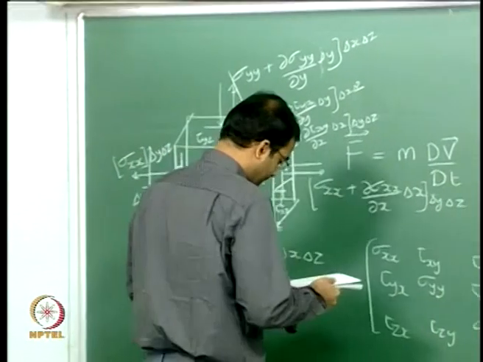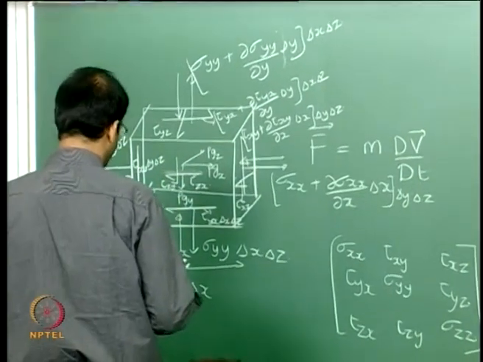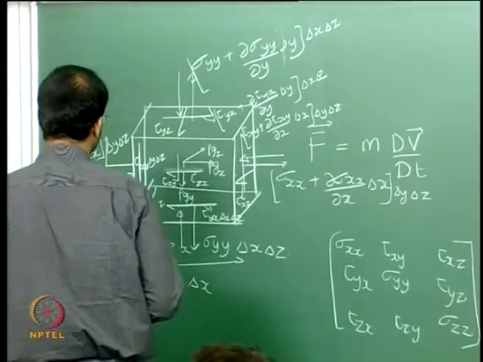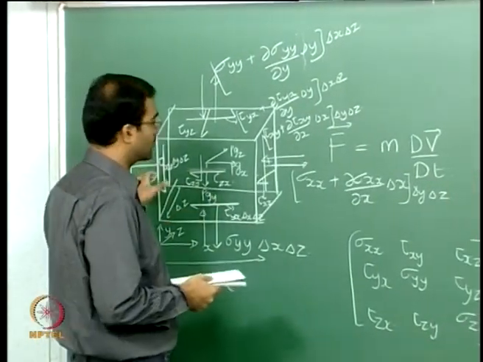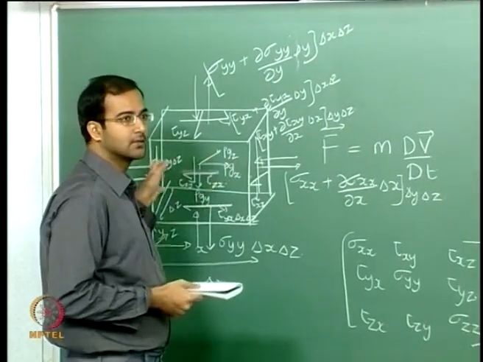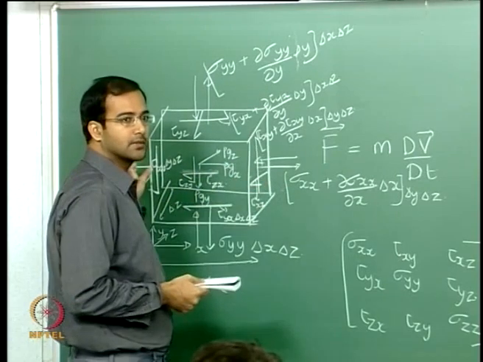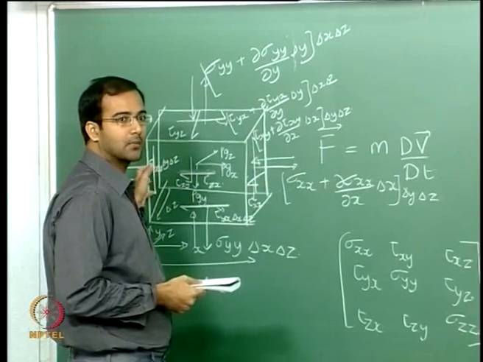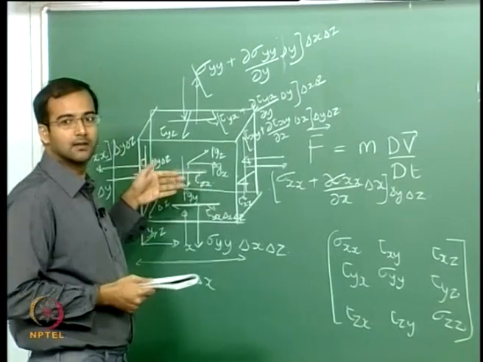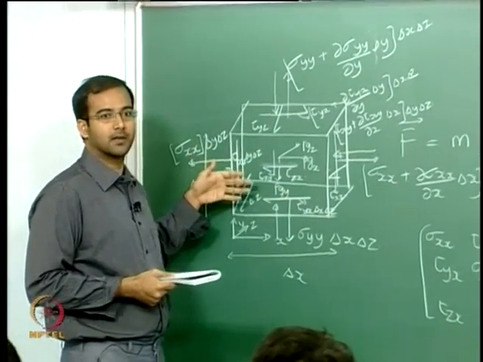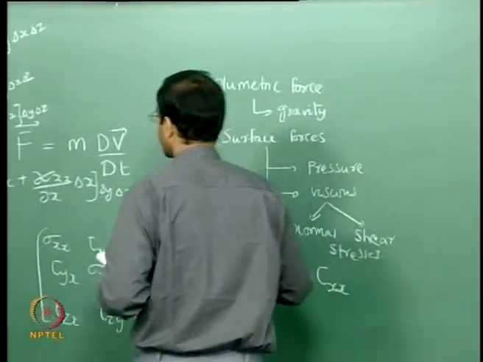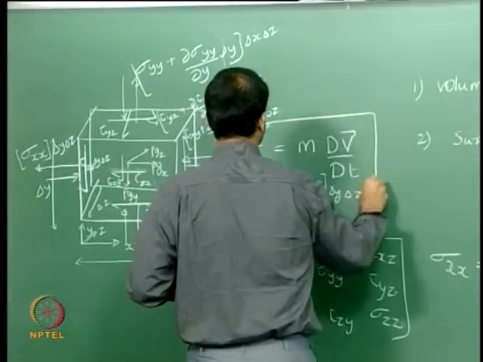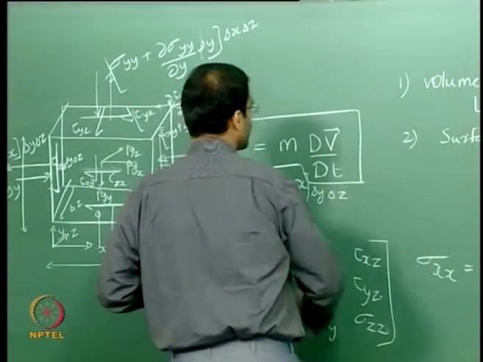So with this we will go ahead and calculate what is the net force acting on this control volume. Okay, so we know the force acting on each face, so we have to say this for the forces which are acting along the positive x, y, z directions are the net forces in that particular direction. Okay, so we will calculate the net force, which gives you the left hand side part of this Newton's law.